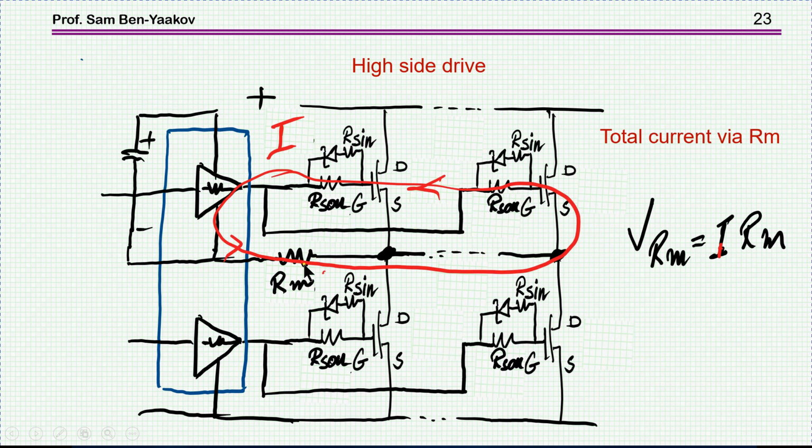So therefore you have now an extra voltage drop here, so you have to be very careful not to increase this resistance very much, otherwise you will lower the current of the gates because of this voltage drop here.